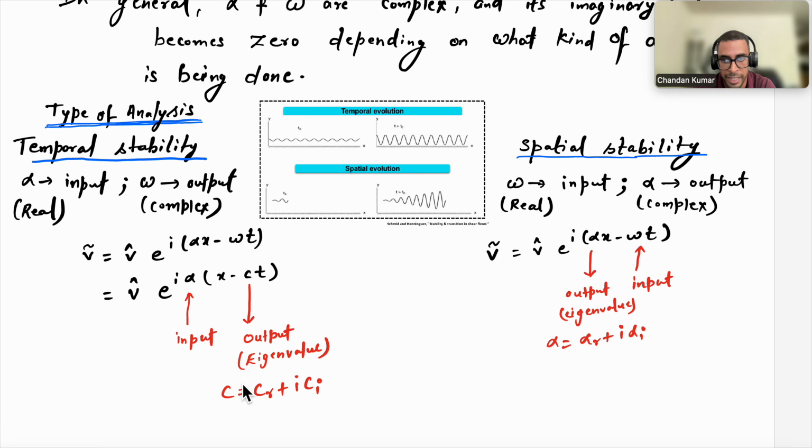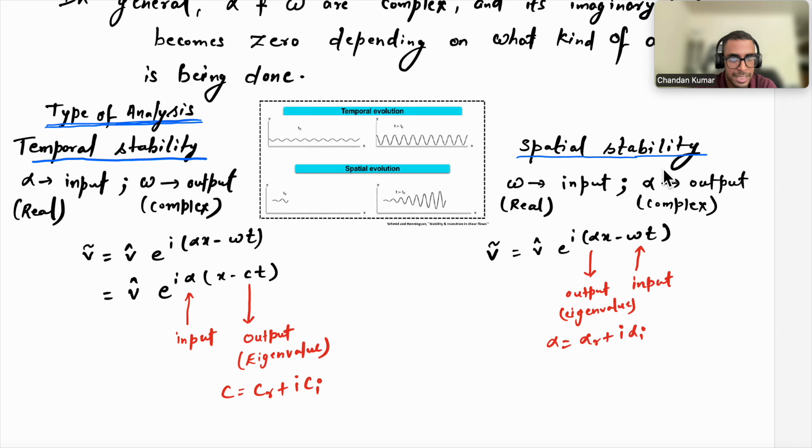We get a complex eigenvalue with cr and ci, the real and imaginary parts. The real part is the phase speed, and the imaginary part specifies the growth rate of this particular disturbance associated with this alpha input.